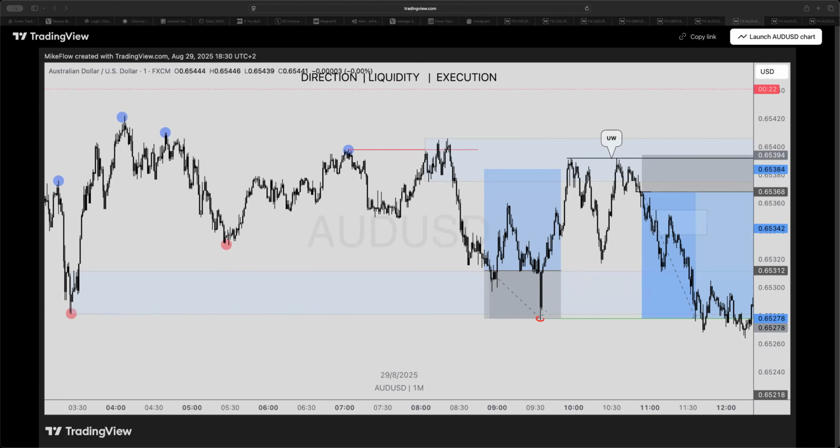So this bearish CBOS, if we're looking at buy to sell, this is the buy to sell. So did it reach that high? Yes, it did. So then buy to sell, then you go lower.